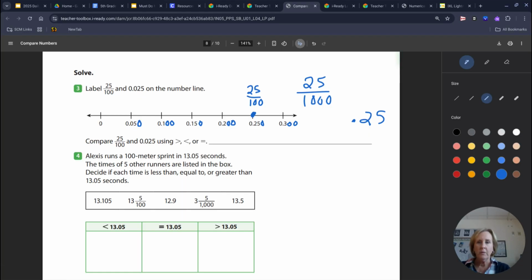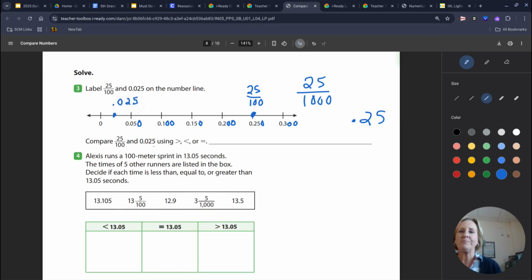This one's 0. What's halfway between 50 and 0? What's half of 50 cents? 25 cents. Oh, so what I could do is put a mark right in between 0 and 50 thousandths, and that would be 25 thousandths. And so there we go.